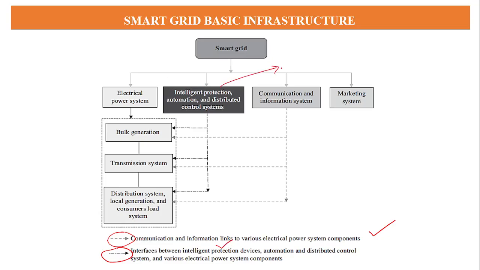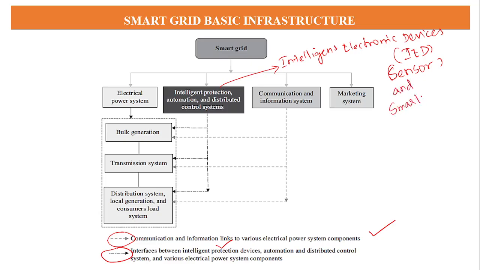Intelligent protection devices means we are using intelligent electronic devices, the IEDs. These devices incorporate the sensors, and after that we are using smart meters in all the places, in the homes as well as in the transformers.